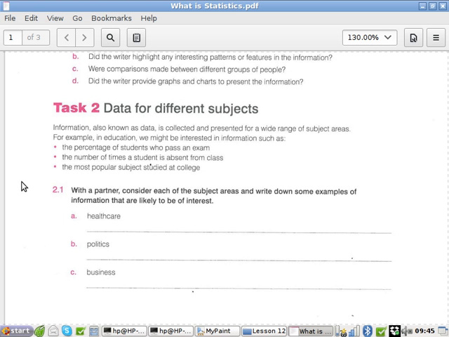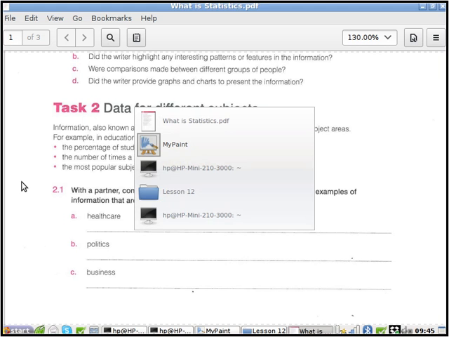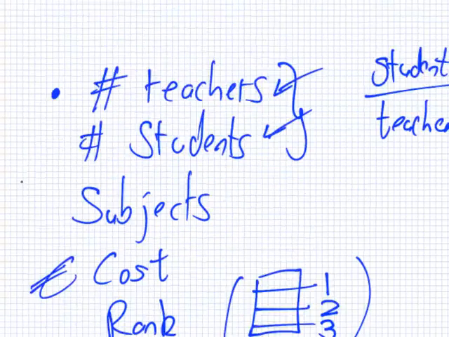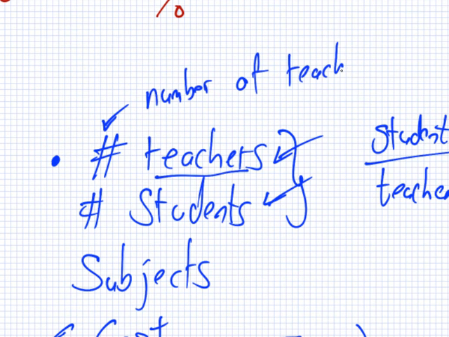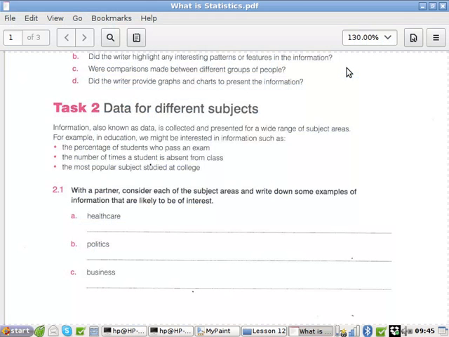For example, number of doctors? Like here, wait, I'll help you. Here, we didn't say teacher, we said number of teachers. How many teachers? So maybe how many doctors? How many hospitals? Yeah, what else? What else have you got?